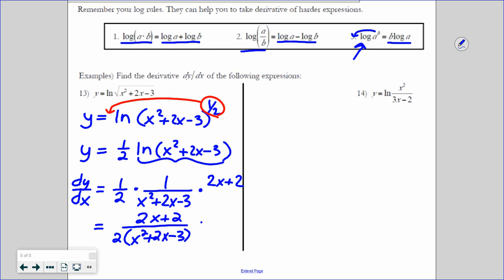But you guys notice, we can factor a 2 out of the numerator, and that way it will simplify with the 2 in the denominator. So we can get this down to just x plus 1 over x squared plus 2x minus 3.